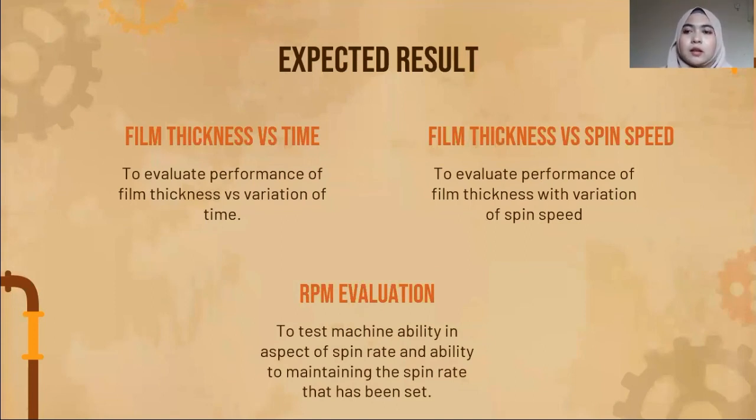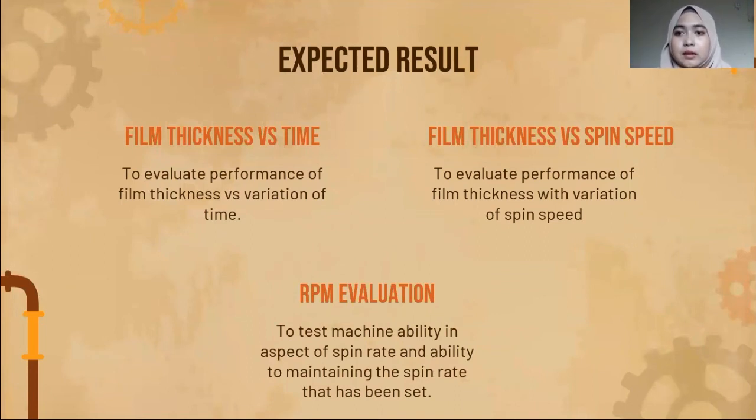The set of data that I have planned is for 30 seconds, 60 seconds, 120 seconds, and 180 seconds, with constant speed, divided into 3 sections. Firstly, 1500 RPM. Secondly, 2000 RPM. And lastly, 3000 RPM.